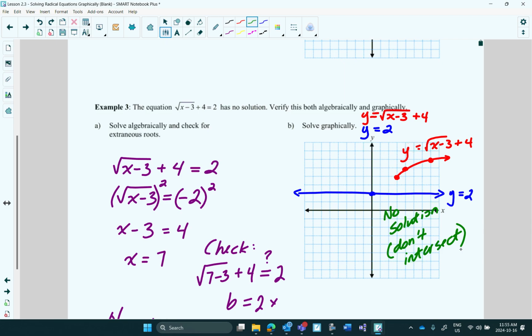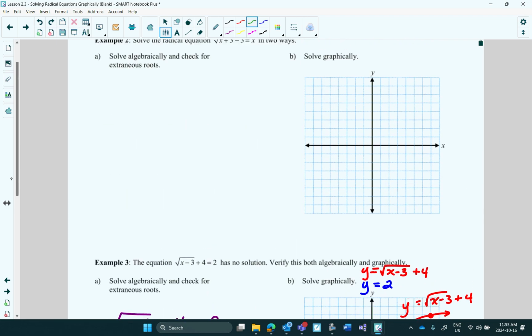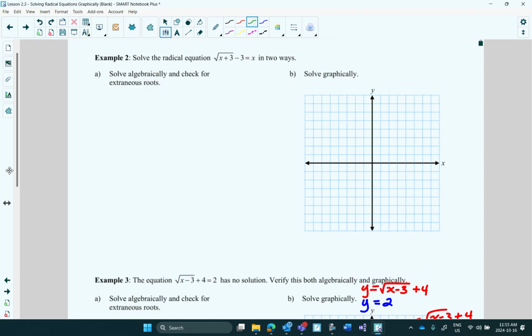Okay, the last one, which is actually the second example. So let's do it algebraically. What's the first thing we're going to do? Move the minus 3 over to this. Get the square root by itself before you square.